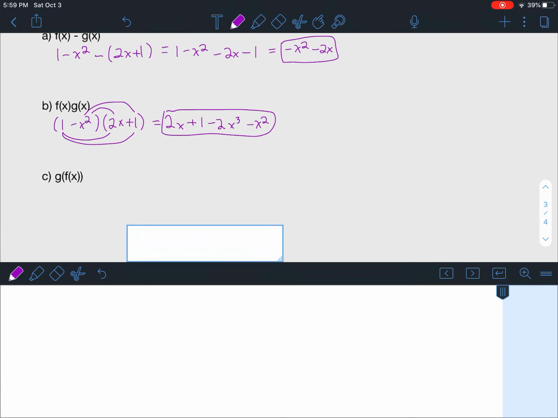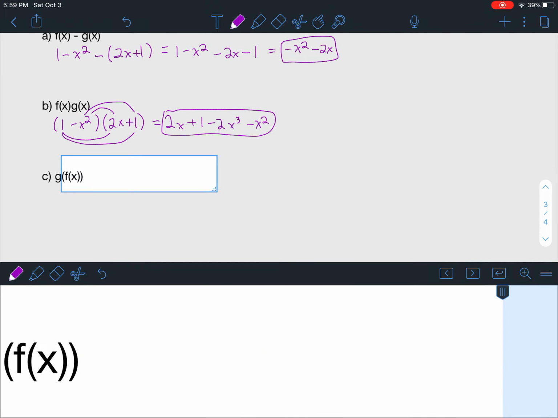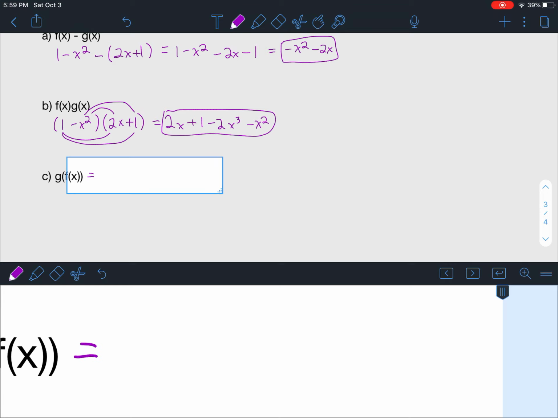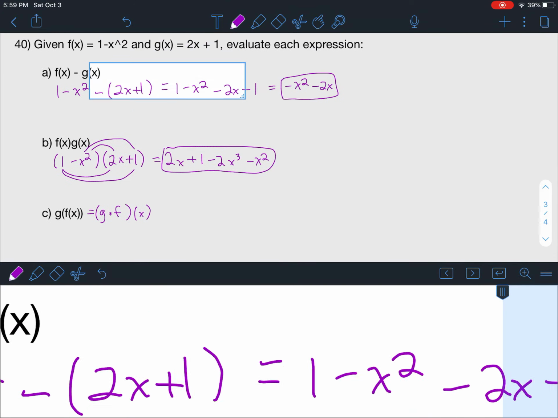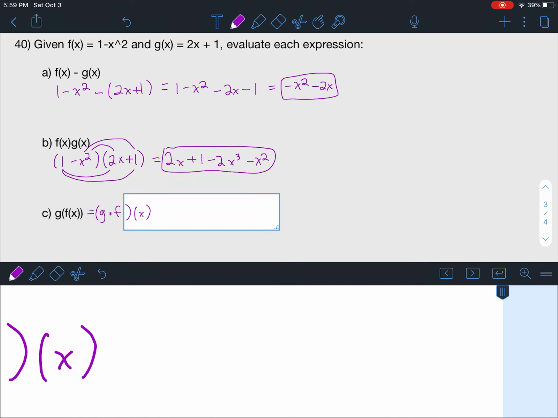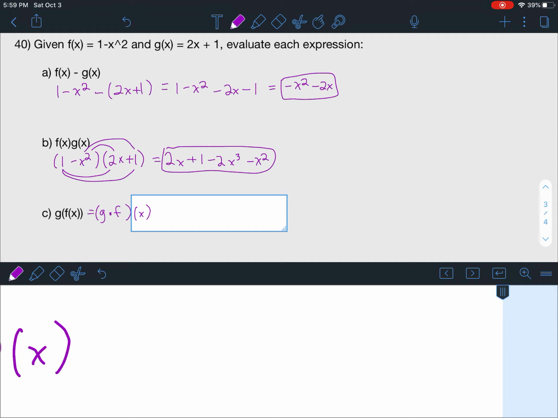And then we have g of f of x, which is the same thing as saying g composed with f of x. It just means that you pass in f of x to g of x as if it were a number. So g of x is equal to 2x plus 1.